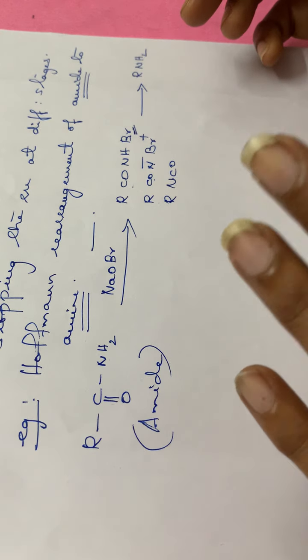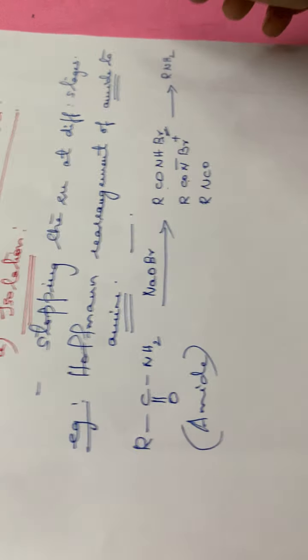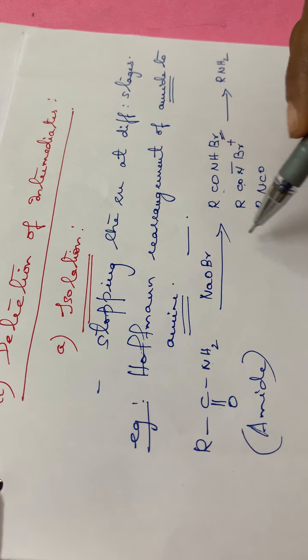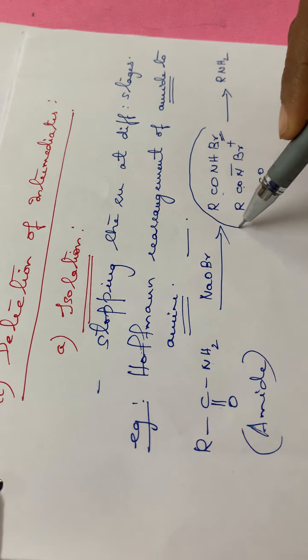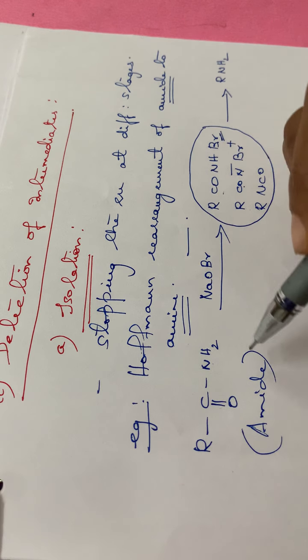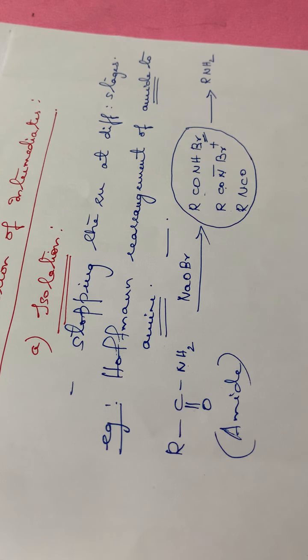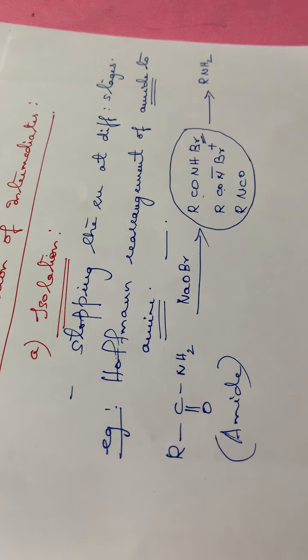Okay, so this is one method, isolation, that is by stopping the reaction at different stages. Thereby you can identify the intermediates. So these are the intermediates formed during the conversion of amide to amine. Okay, so this is one method, isolation. Then the next method for the detection of intermediates is by detection.